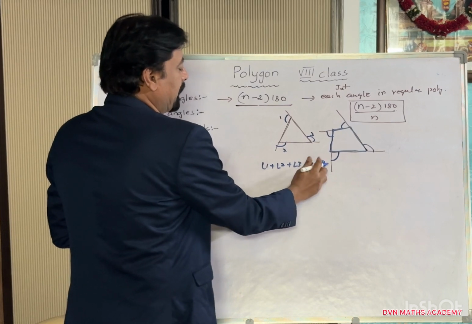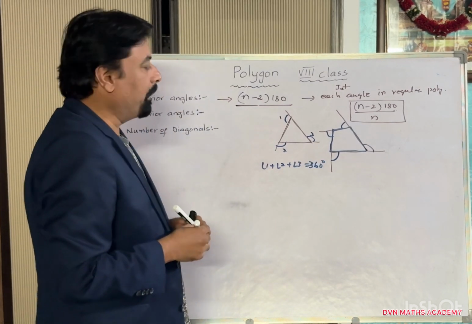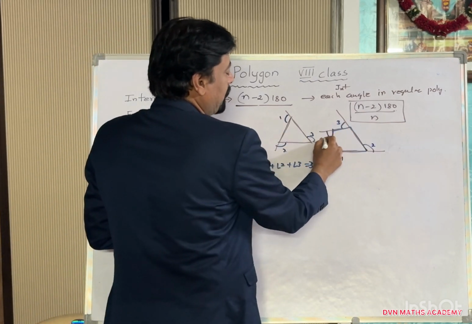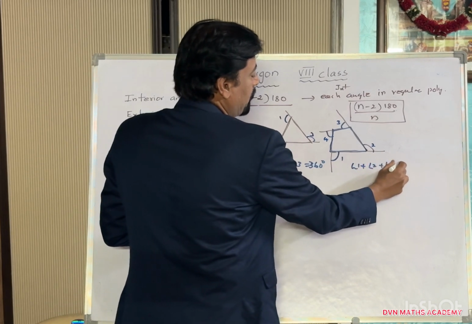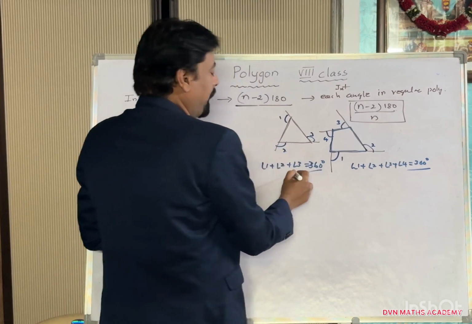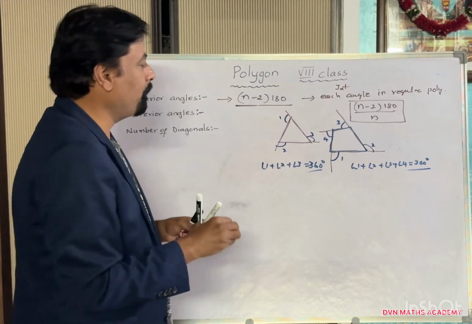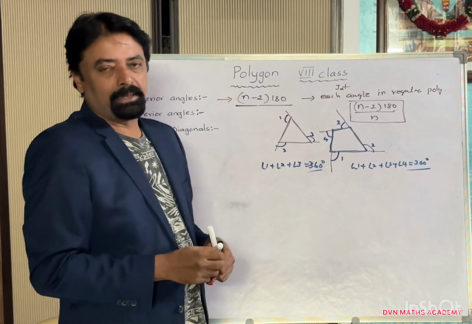If you go for the quadrilateral, this is angle 1, angle 2, angle 3 and angle 4. Here also angle 1 plus angle 2 plus angle 3 plus angle 4 is again equal to 360 degrees. So my concept is that the sum of exterior angles in any polygon will be equal to 360 degrees.